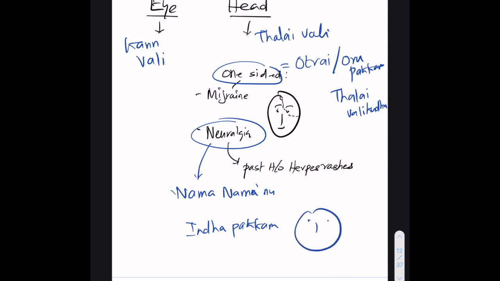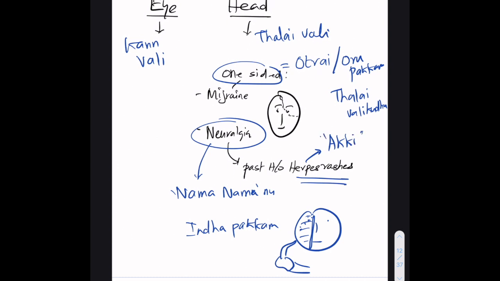So if the patient has herpes zoster rashes or old scars here, in the trigeminal neuralgia area, the patient will point and say, see, "inda pakkama enakku nama nama irukku, inda pakkama vali irukku". So you should ask the next question: do you have any history of herpes rashes in the past? Herpes rashes are classically called "akki", A-K-K-I.